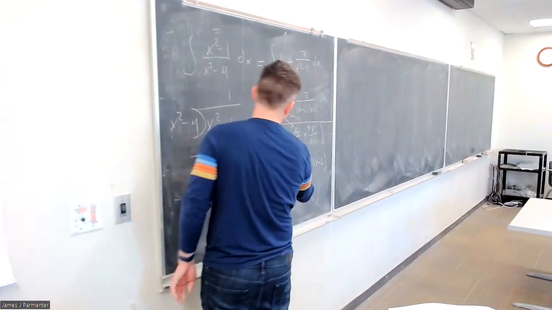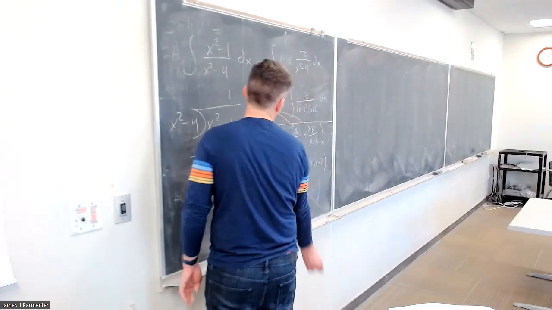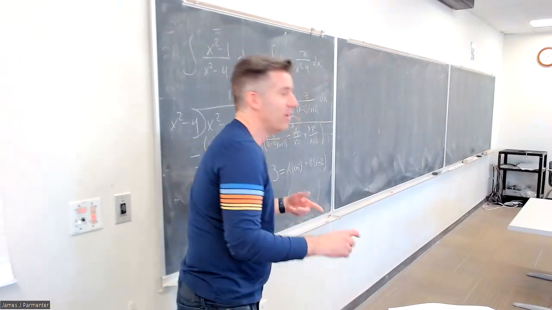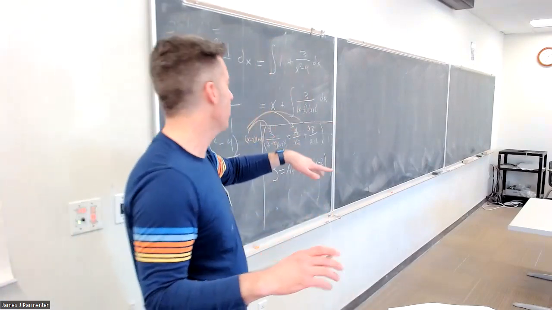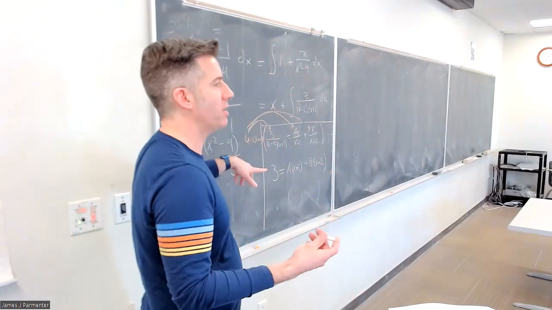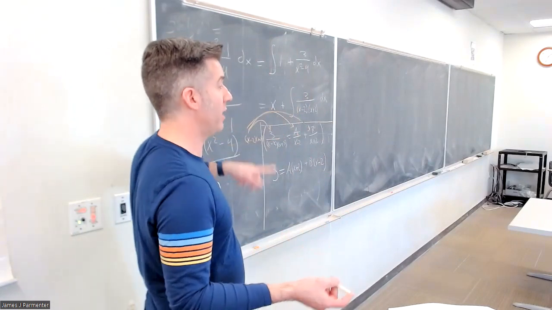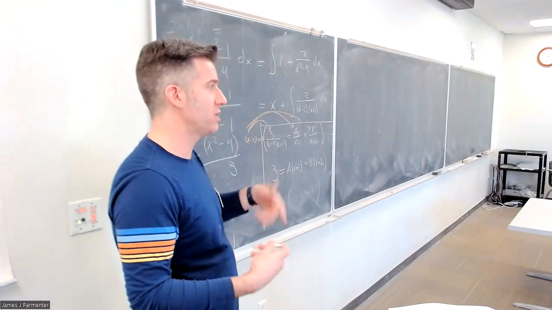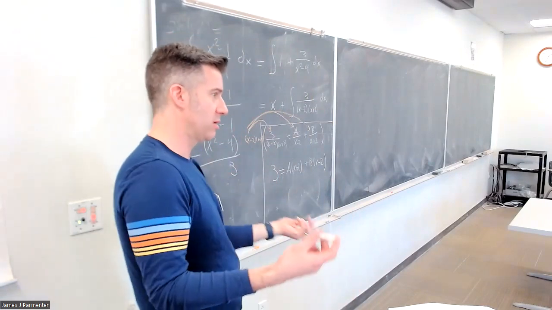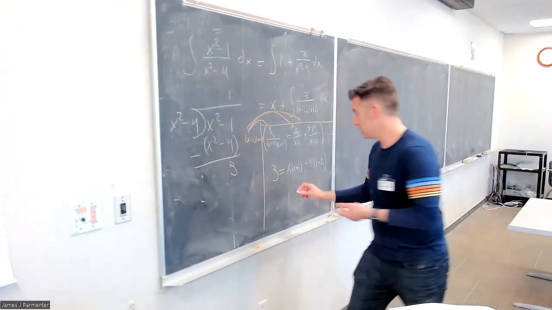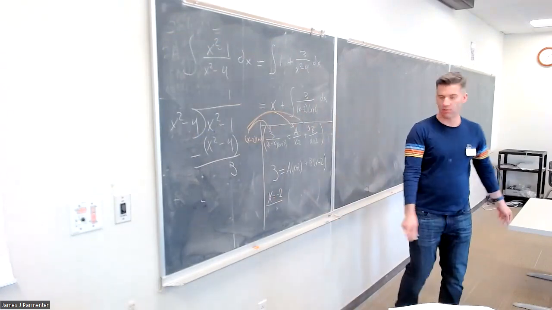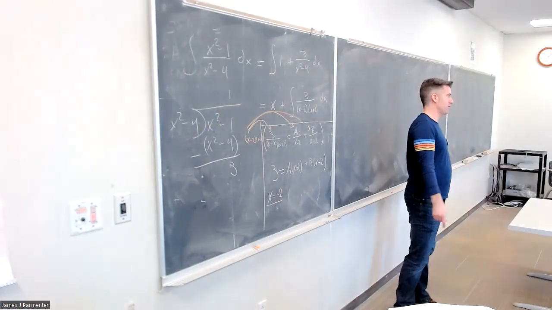And I can't stress this enough, you should always do it the way I say. You can do whatever you want later, but whenever you do partial fractions, you should always start off by using the nice values of x. It's super easy. It's always going to give you one or two things at least. So here, I can set x equal to something that will make all but one of those terms 0.